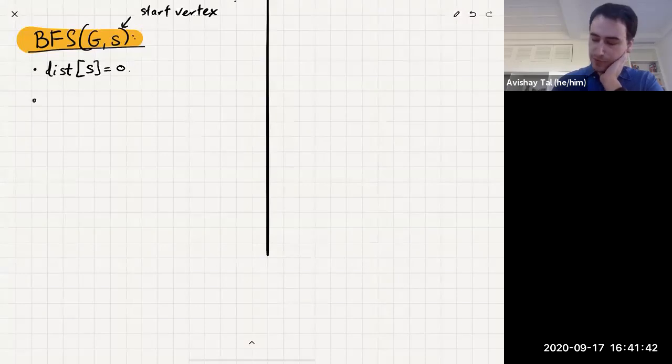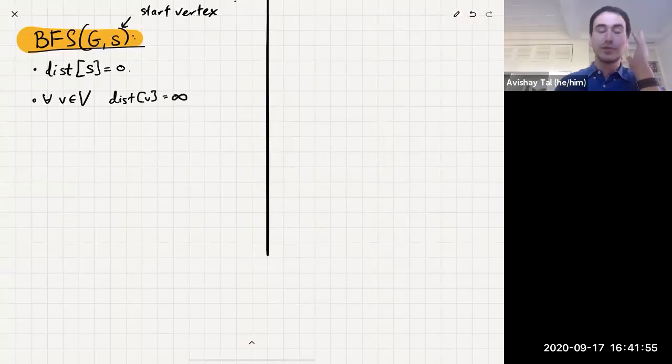And for every other vertex, I initialize the distance to be infinity, because then I don't need to worry about whether or not this variable is initialized or not. Okay, and so this is for every vertex that is different than S.